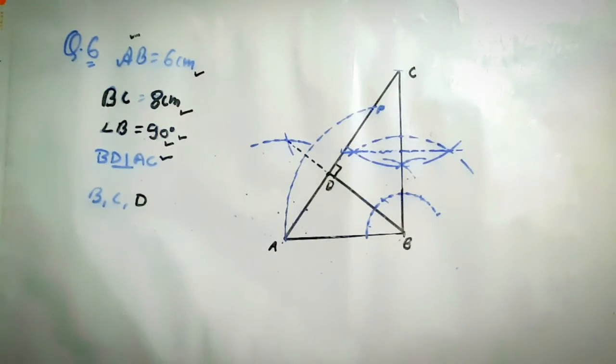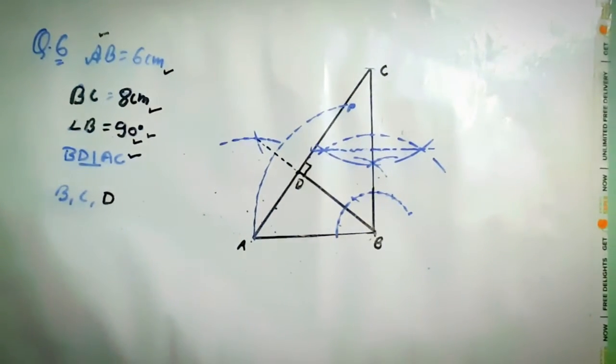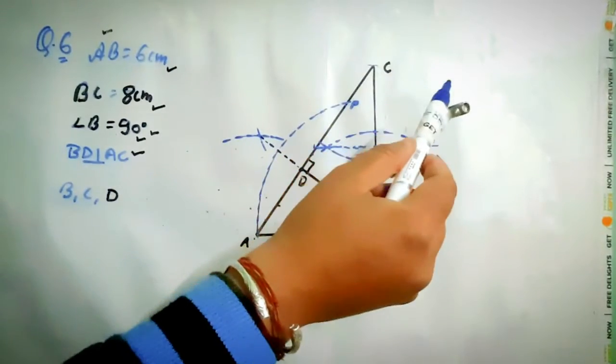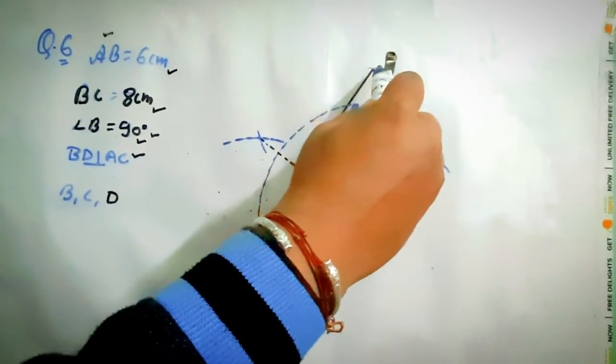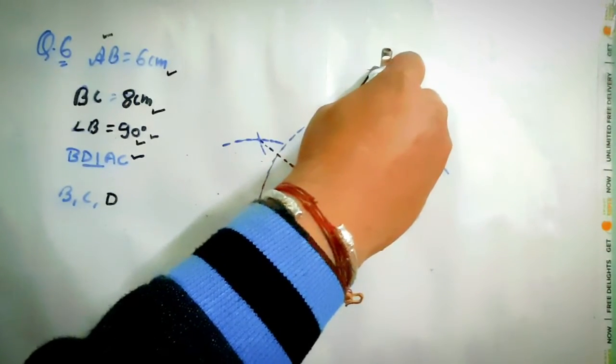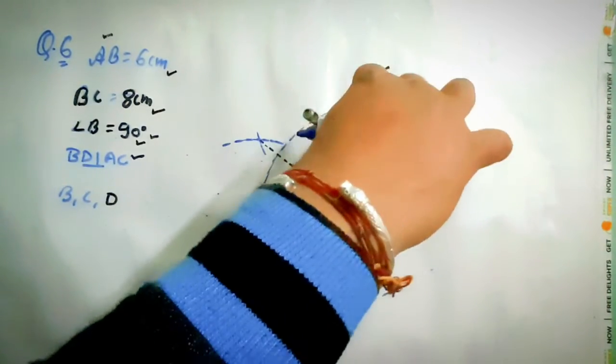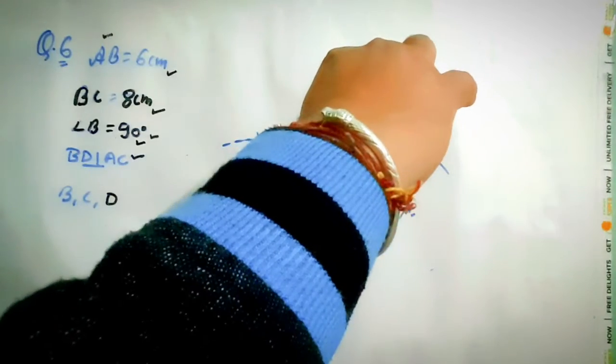Now this point is equidistant from all 3 points, B, C and D. So place your compass on this point and open equal to C or B or D and draw a circle.